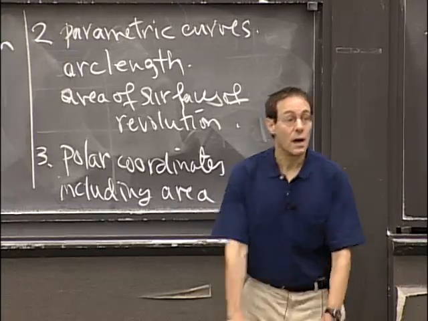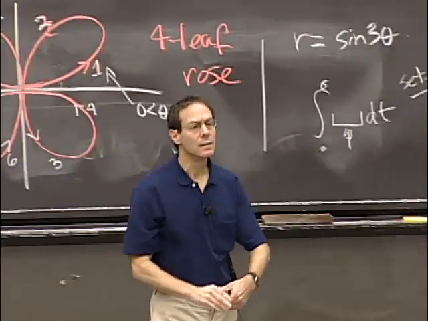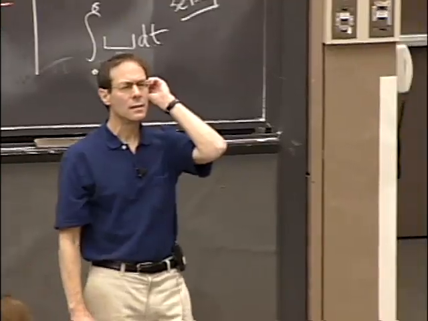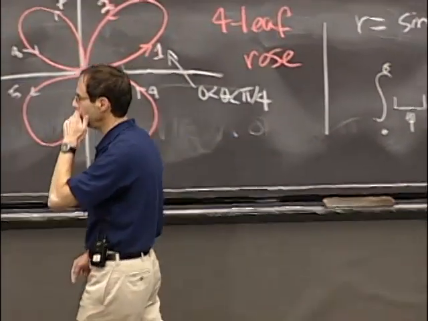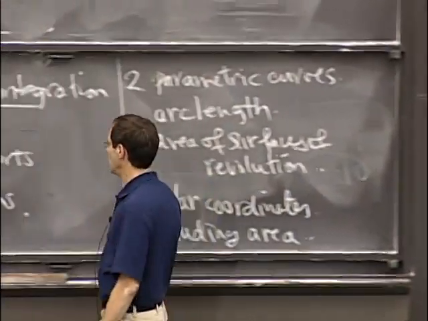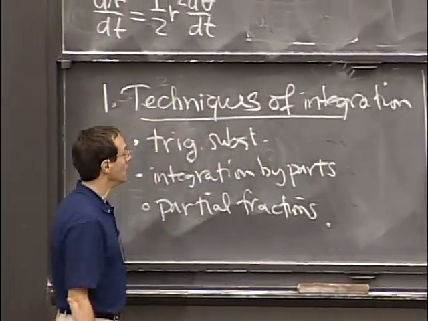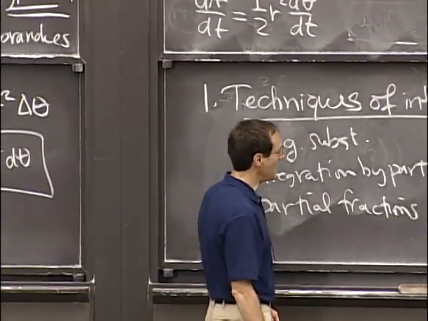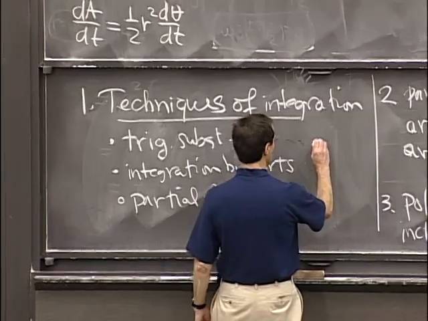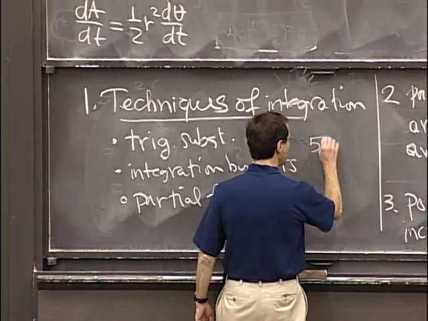Other questions? Will the distribution on this exam be the same as the exam last year? About 70% was techniques of integration on the last exam, and about 30% on the other parts. Will it be similar on this exam? The answer is no. I'll tell you exactly.